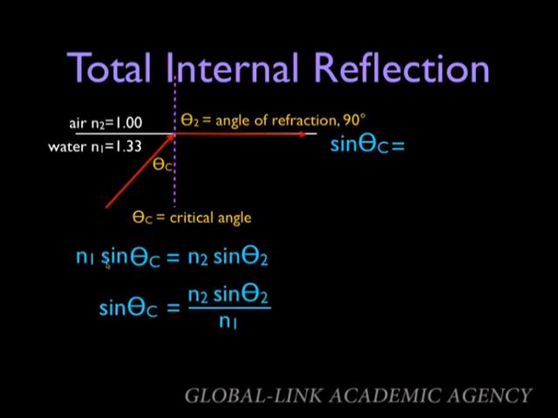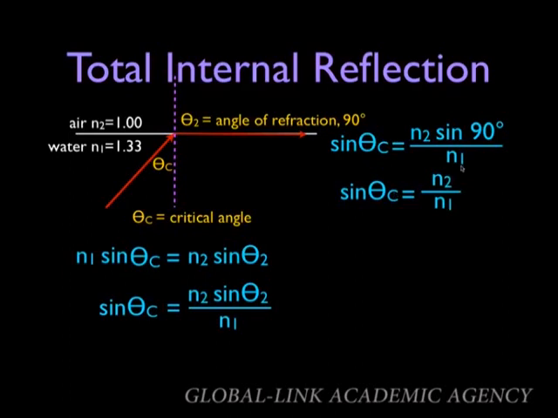So sine theta c is equal to n2 sine of 90 degrees, divided by n1, the refractive index of air, and again I know the sine of 90 degrees is 1. So I can simplify this expression. I can cancel out this sine 90 and replace it with 1. So I get sine theta c, the sine of critical angle, is equal to n2 over n1.